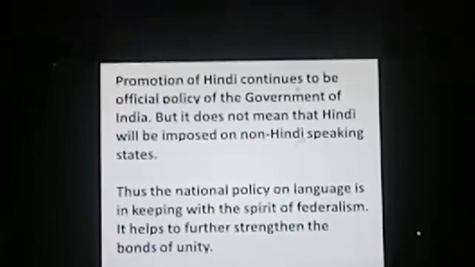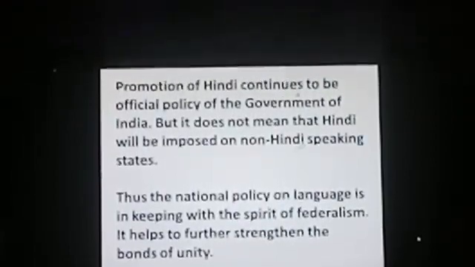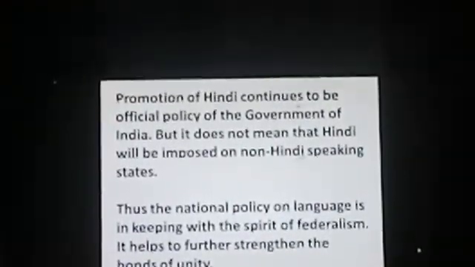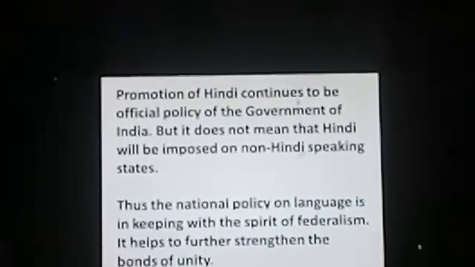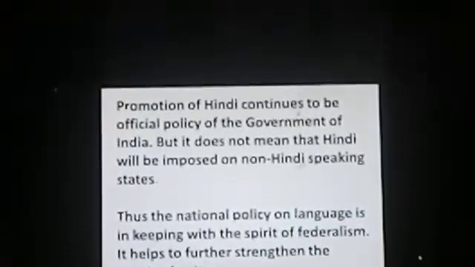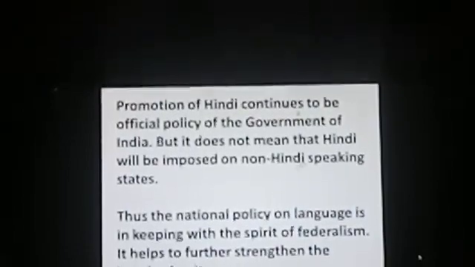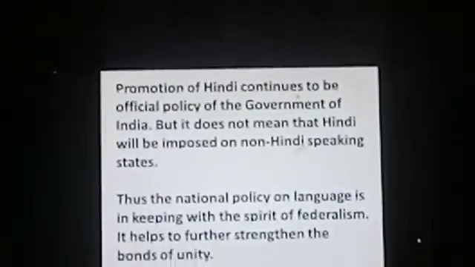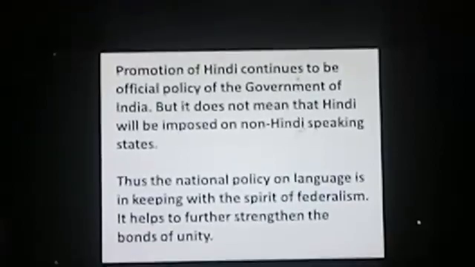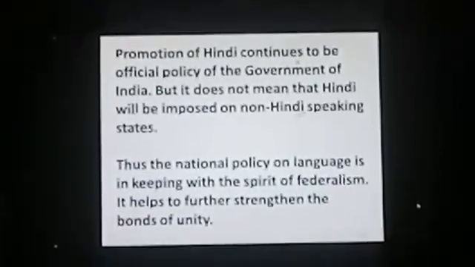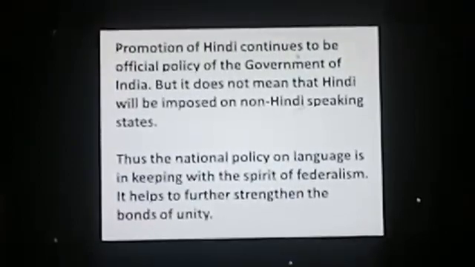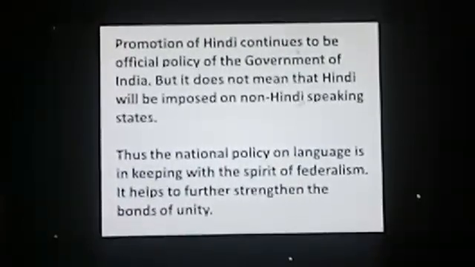Here, promotion does not mean that the central government can impose Hindi on states where people speak a different language. That is, non-Hindi states like Tamil Nadu. They cannot impose Hindi on them. Thus, the national policy on language is in keeping with the spirit of federalism.